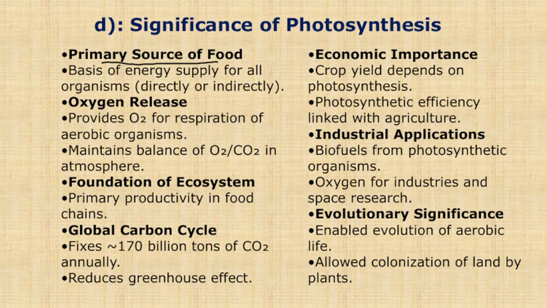Directly or indirectly they are dependent on photosynthetic plants or autotrophs for energy. It releases oxygen, which is the primary requirement for aerobic organisms, like we animals or humans require oxygen, and this oxygen is basically coming from photosynthesis. Balance of oxygen and carbon dioxide in the atmosphere.